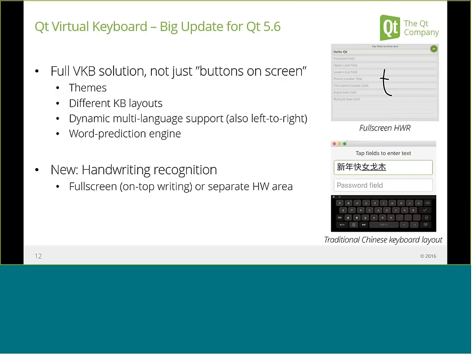We've added dynamic support for language switching. It actually supports quite many languages nowadays. With 5.6, we added traditional Chinese layout to the language list, but you can also hook the virtual keyboard into a word prediction engine.